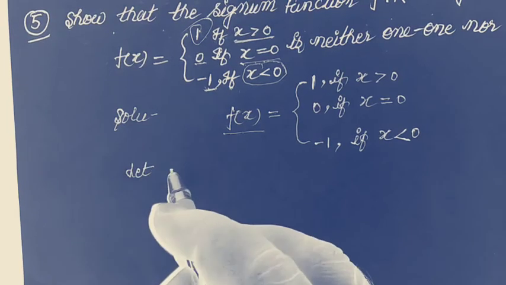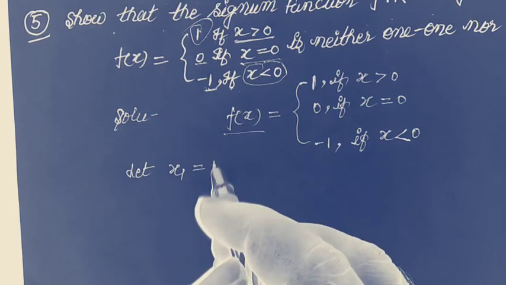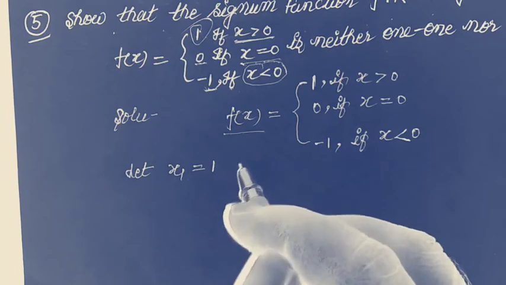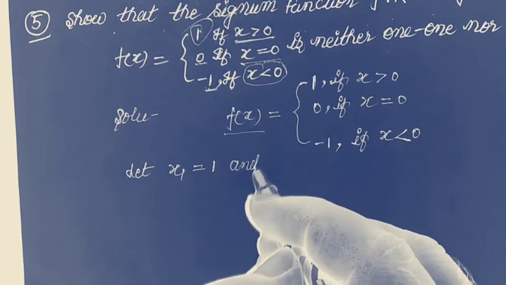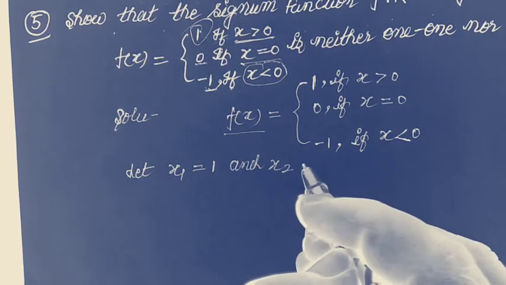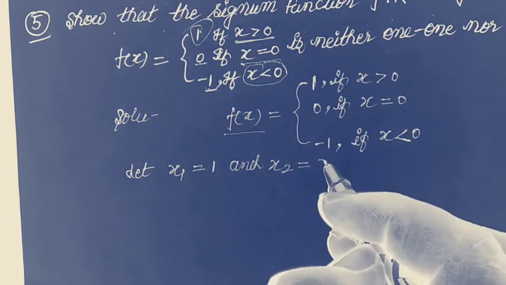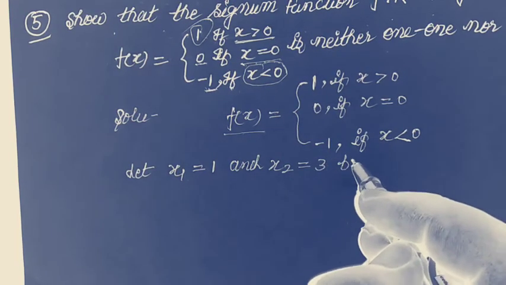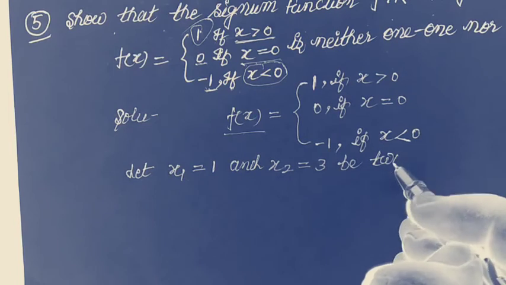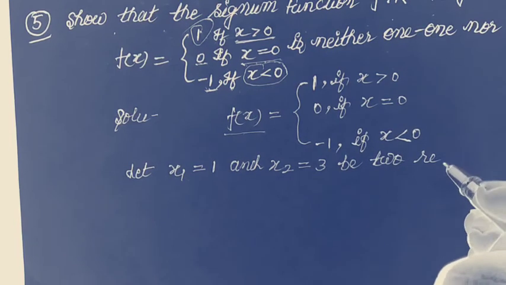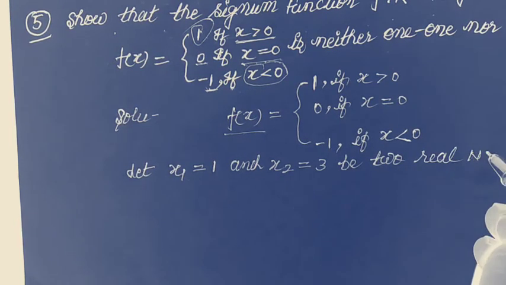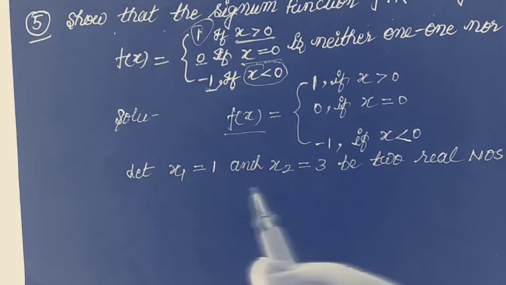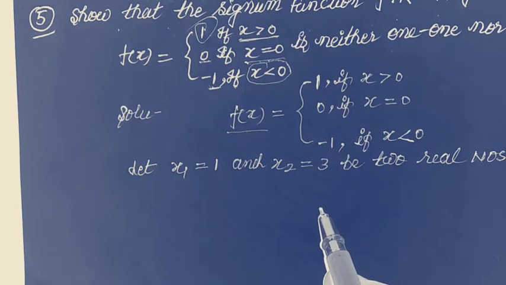Let x1 equals 1 and x2 equals 3 be two real numbers we take. Isn't it? x equals 1 and x equals 3. We have two real numbers here.